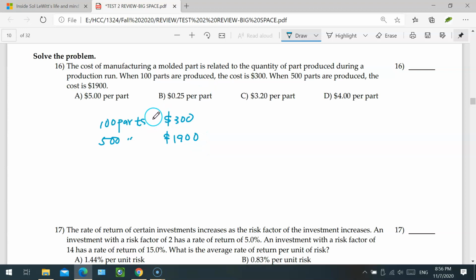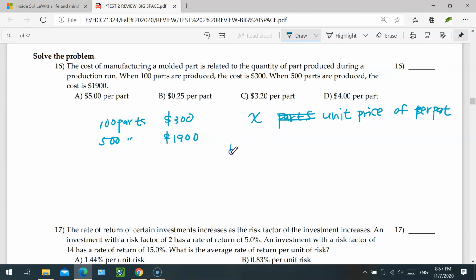So let's do it this way. I'm going to get the quantity. So they produce x parts. Unit price, there you go, the unit price of each part.